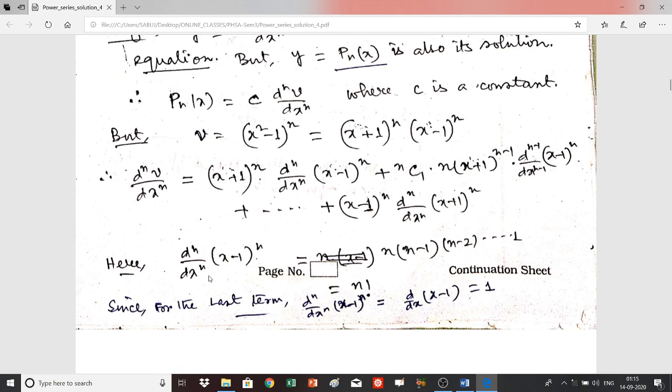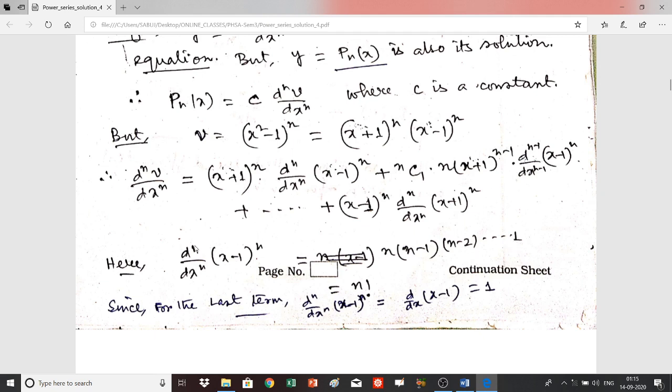If you differentiate a second time, the constant will be n for the first case and n minus 1 for the second, with the remaining differentiation d^(n minus 2) by dx^(n minus 2) of (x minus 1)^(n minus 1). After the third differentiation you get n into (n minus 1) into (n minus 2), and so on.